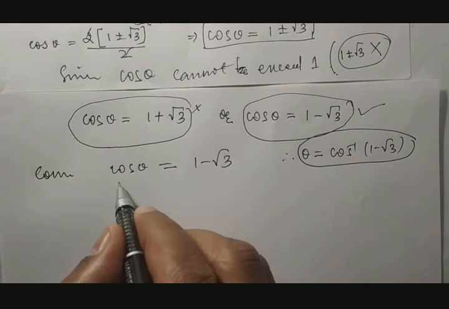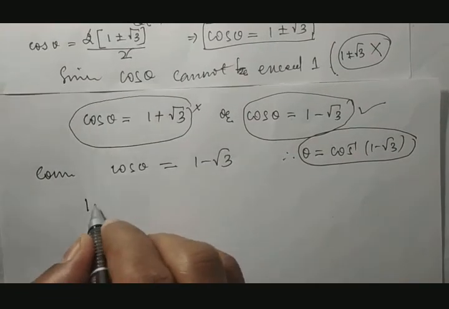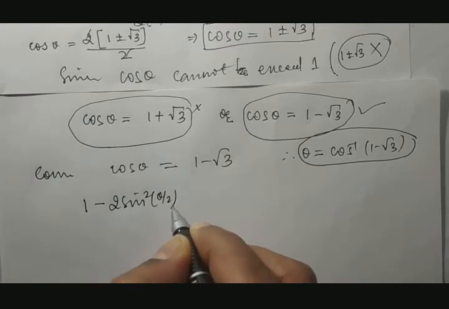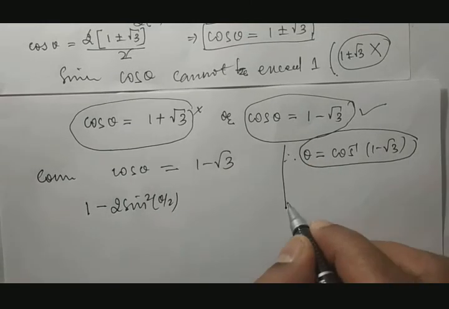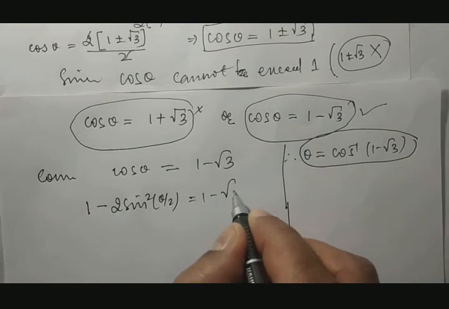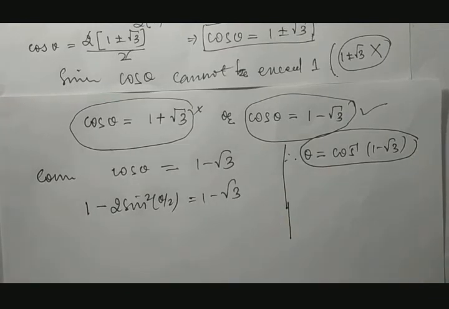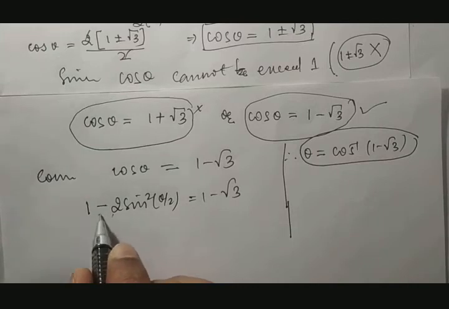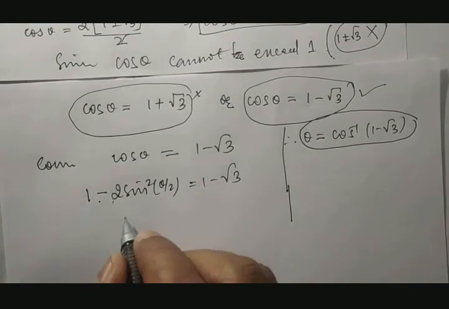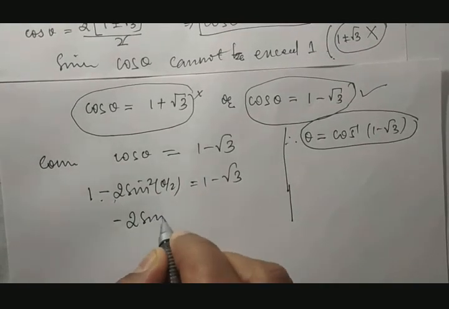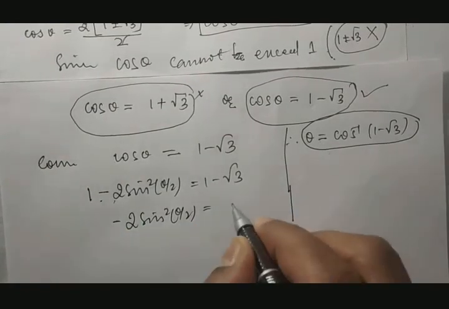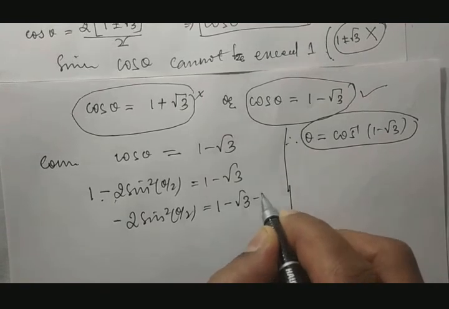We know that cos theta can be written as 1 minus 2 times sine square theta by 2. Fine. This you don't forget. Which is equal to 1 minus root 3. So when this term goes to the other end, it becomes minus 2 sine square theta by 2 is equal to 1 minus root 3 minus 1.